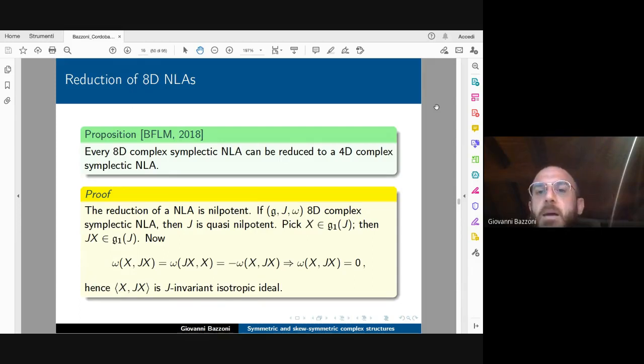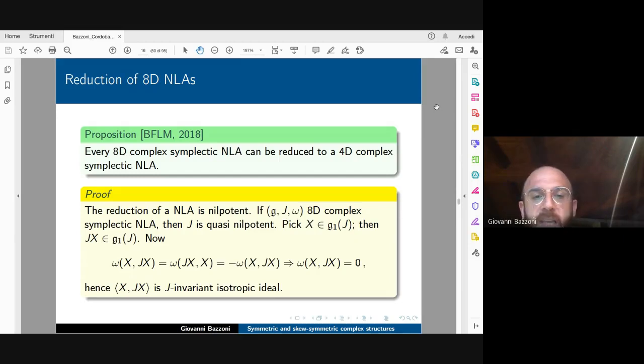So you just pick some x in the center, so to say, and then J of x is also in the center. So G_1 of J is non-empty because you can find an x in the center, and J of x is also in the center because J is quasi-nilpotent.